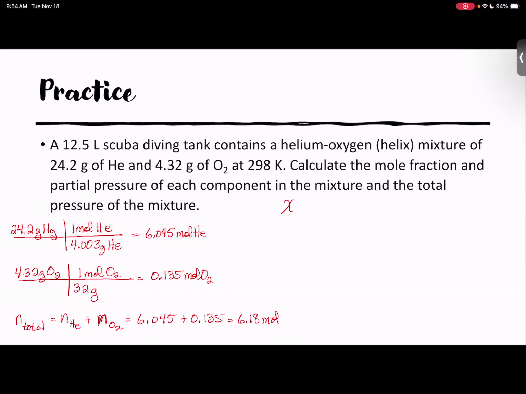Mole fraction of anything is equal to the moles of that thing divided by the total moles. So if I want the mole fraction of helium, it would be equal to 6.045 divided by 6.18, or in other words, it is 0.978. There is no unit to the mole fraction.